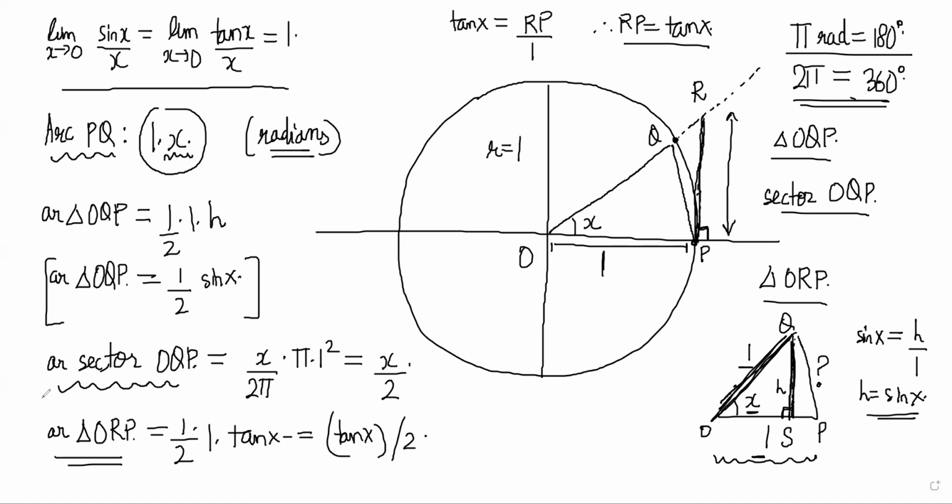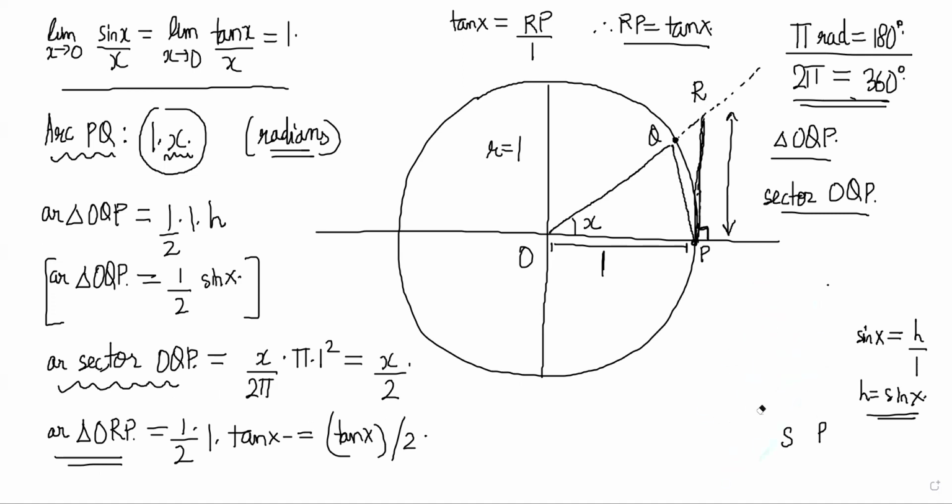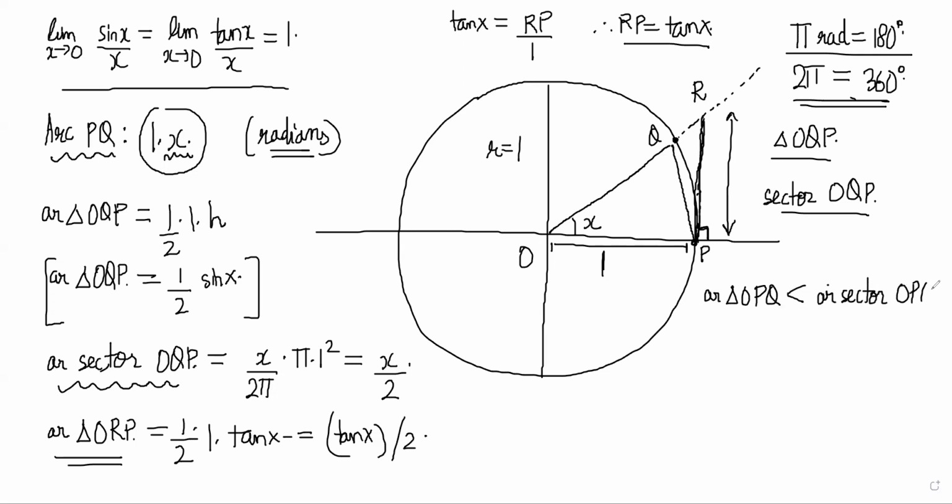Yes, sir. Now looking at the figure, it is very obvious to say that area of the triangle OPQ is less than area sector OPQ is less than area triangle ORQ. Isn't that obvious? Sir, ORP, right?